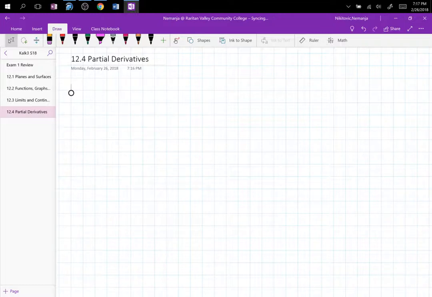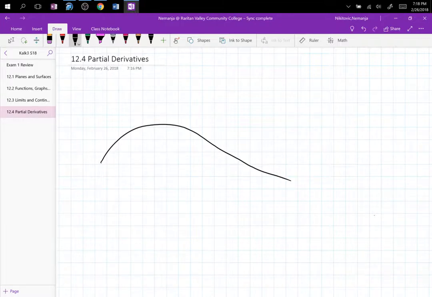Now, there is a great graphic in the book, but I will try to draw as much as possible. So imagine you are on a hill, right? And this is your location right here.